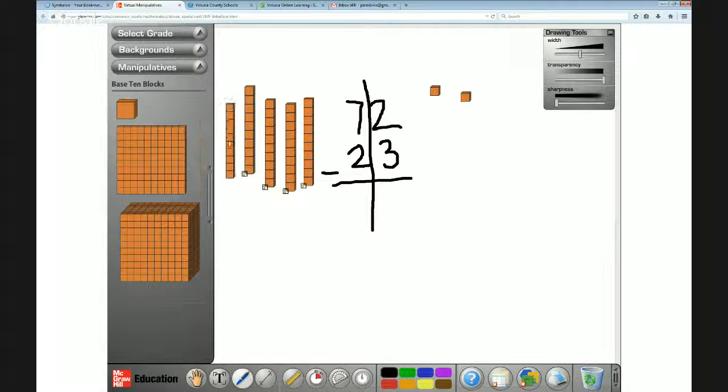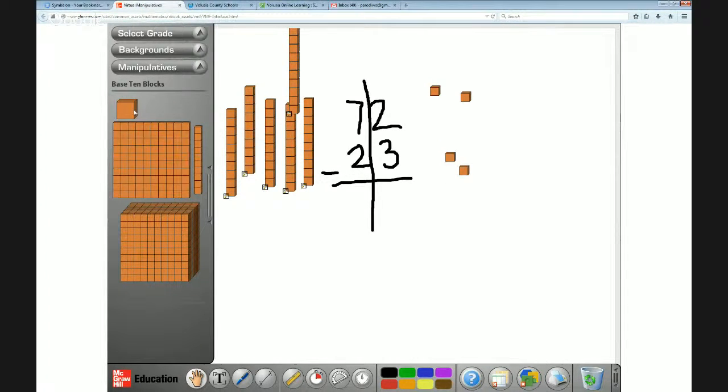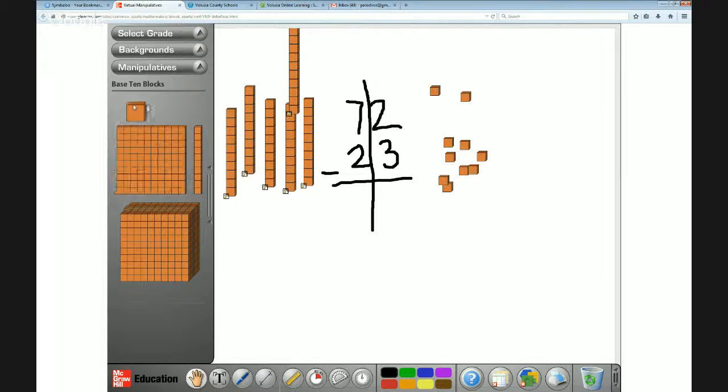1, 2, 3, 4, 5, 6, 7. Right there. You see that? And we are going to regroup. So we are going to say adios to one of the 10s, take away one of the 10s, and change it into 10 1s. 1, 2, 3, 4, 5, 6, 7, 8, 9, 10.